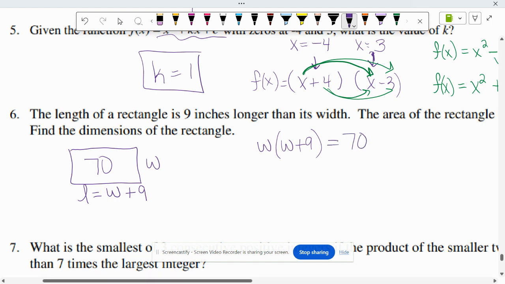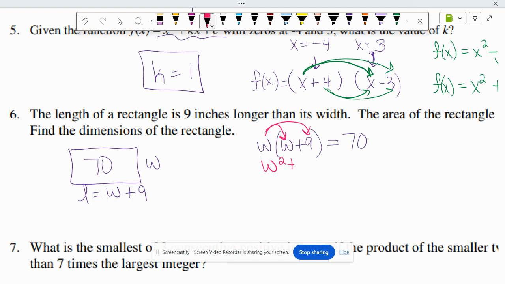All right, Angeli, what do you want to do next? How am I going to solve this? What do I do? Yeah, I'm going to multiply. I'm going to distribute. So W times W is W squared.